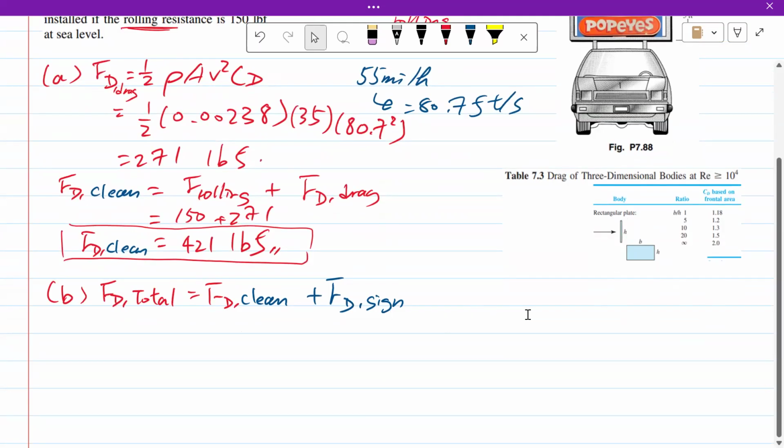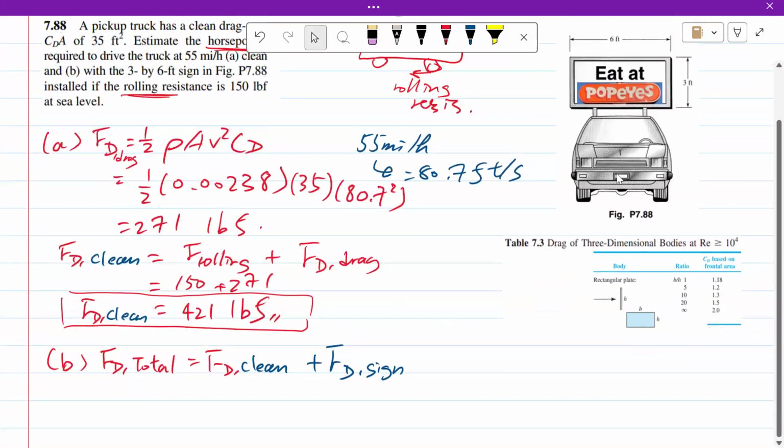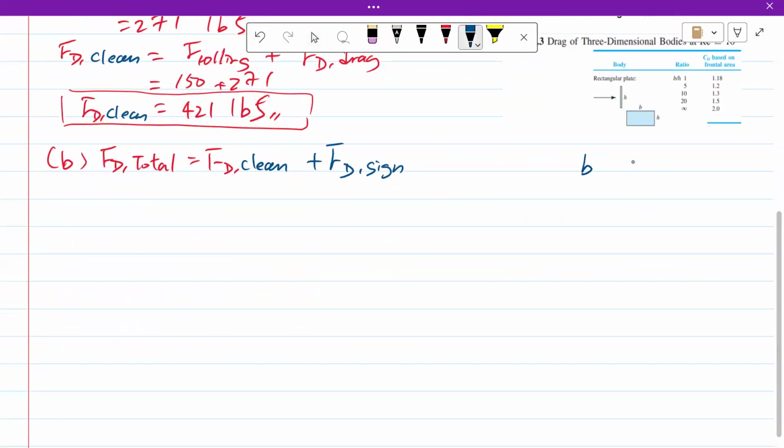This can also happen in an exam where it's not given, or it will be included in your A sheet, a simple table for geometry. Now, the table in this case is from the textbook. We need to base it on your aspect ratio, B divided by H, in this case roughly 2.